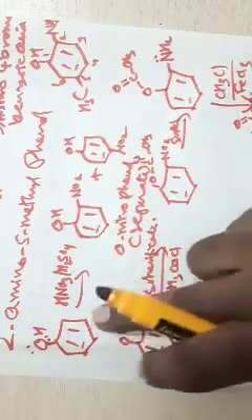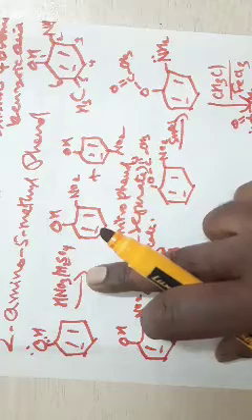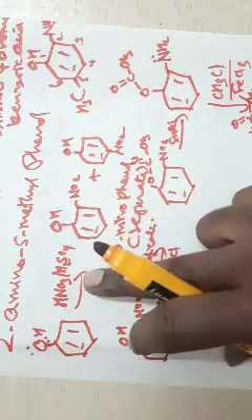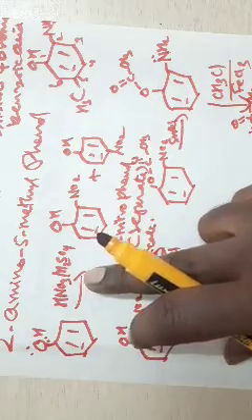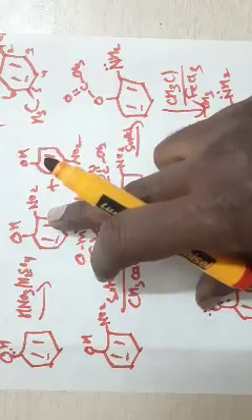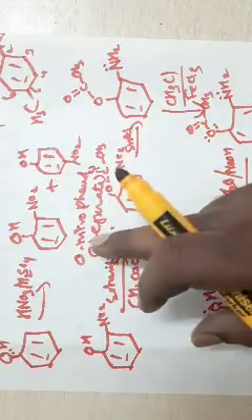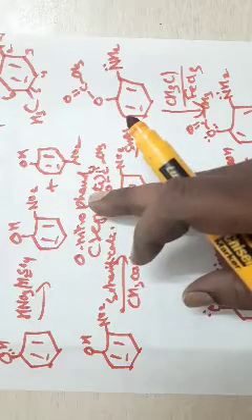So you should carry out the nitration under mild conditions. If you carry out the nitration under mild conditions with dilute acids or with nitroperchlorates, you will get orthonitrophenol and paranitrophenol. The orthonitrophenol has to be separated.